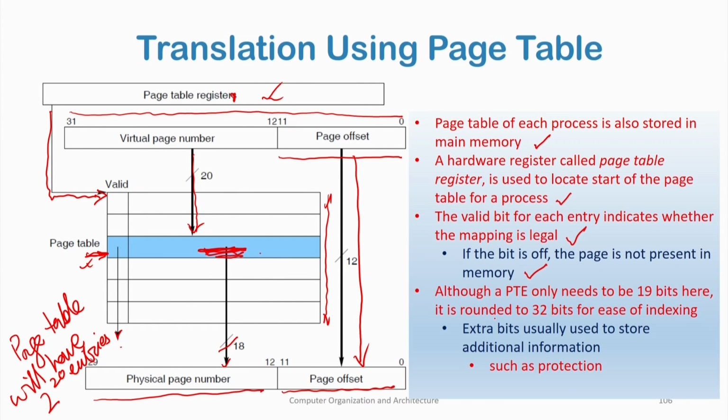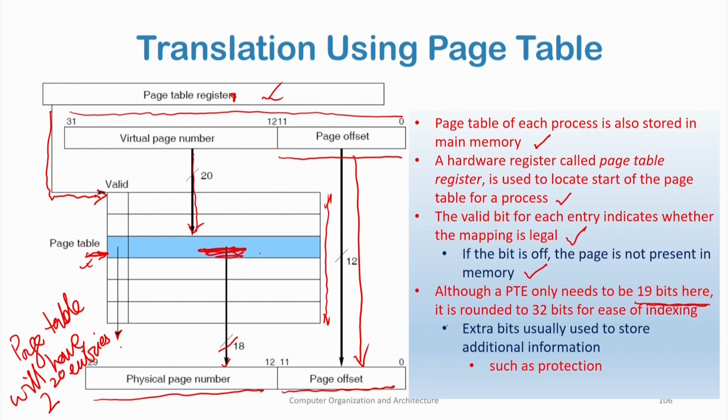Although a page table entry needs only 19 bits here. Why do we need only 19 bits? 18 bits are required for my physical page number and one valid bit. So, in this case I require only 19 bits.